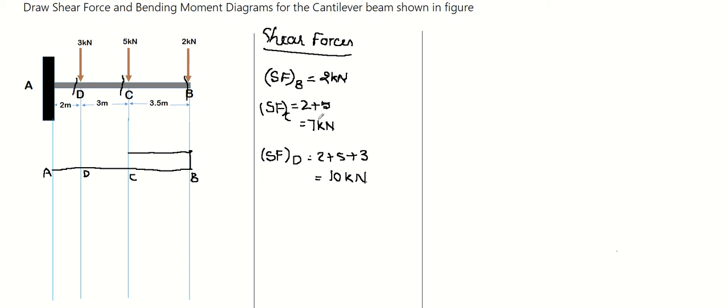Next, shear force at C. At C, suddenly 5 kilonewton is added and it becomes 7 kilonewton.